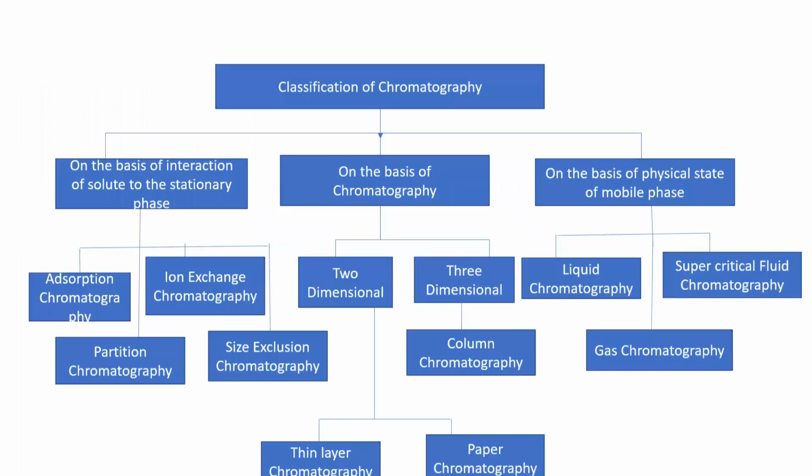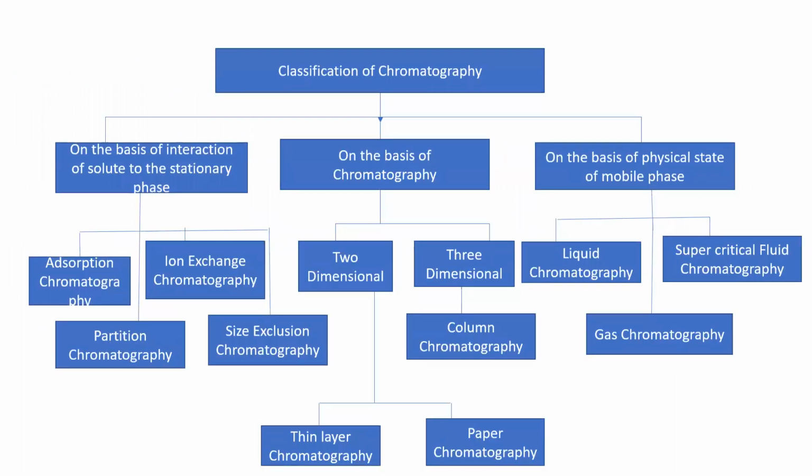Then classifications of chromatography. Here we can classify chromatography on different bases. First, on the basis of interaction of the solute with the stationary phase, it can be classified into four types: adsorption chromatography, ion exchange chromatography, partition chromatography, and size exclusion chromatography.